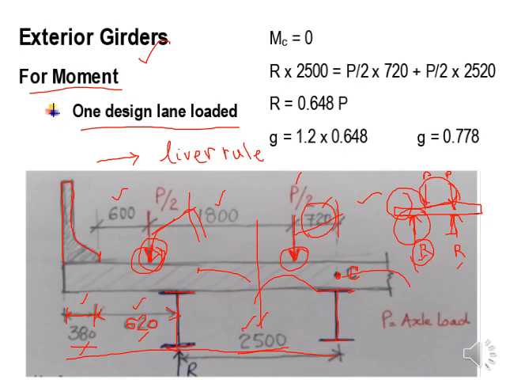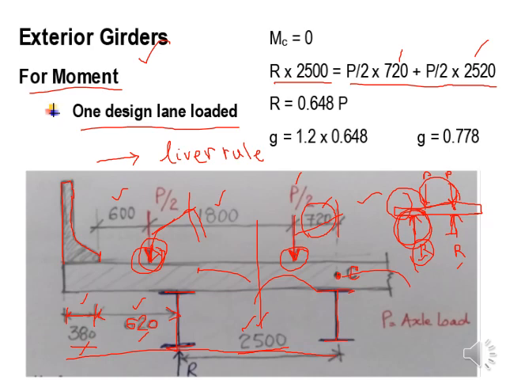So the total effect from both sides on this exterior girder needs to be determined in terms of the reaction calculation. Okay, so for this particular case, the lever rule can be applied, meaning the interior girder can be considered as the pivot point, and on the other side the reaction can be calculated. So R into 2500 on one side and P by 2 into 720, these are the distances simply to calculate the moments about point C.